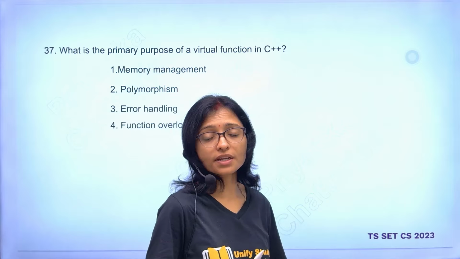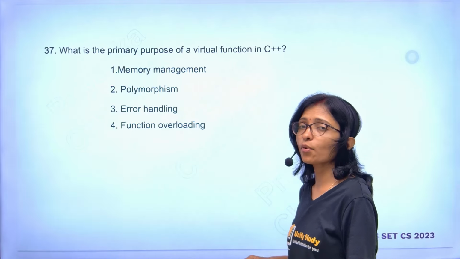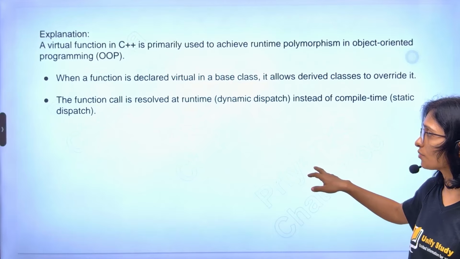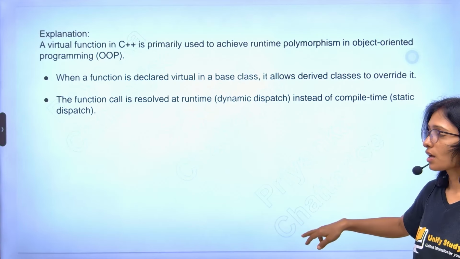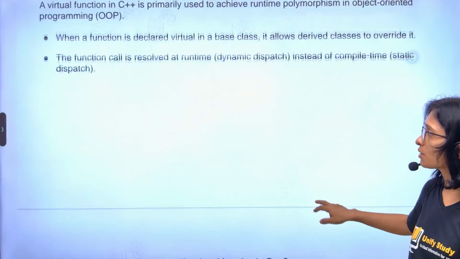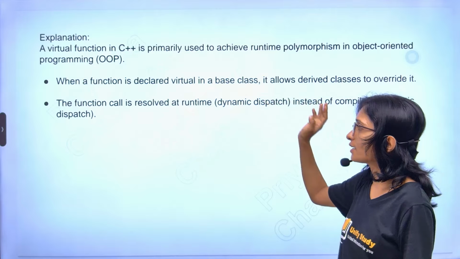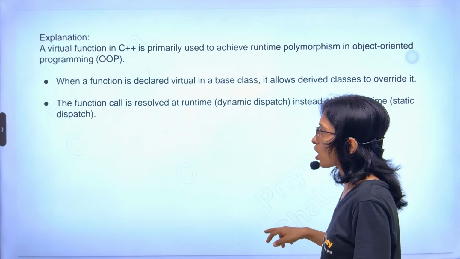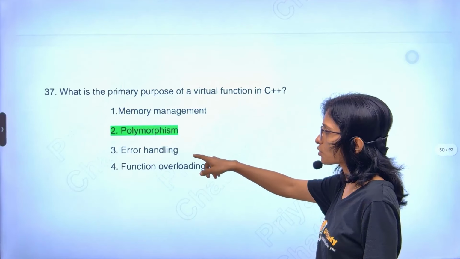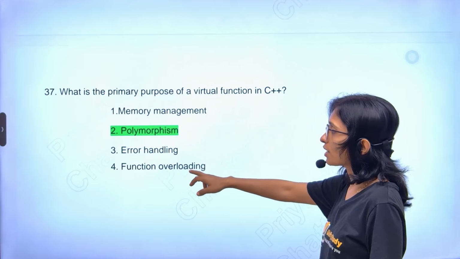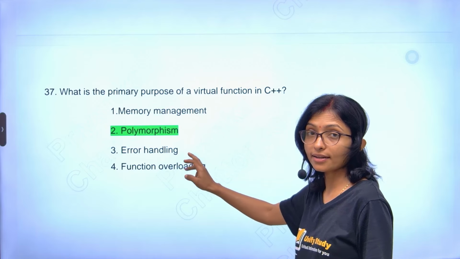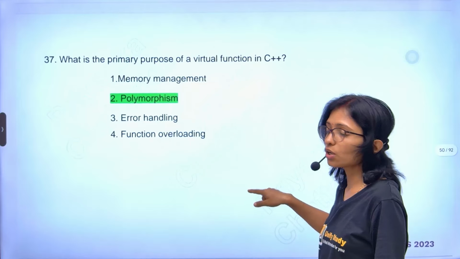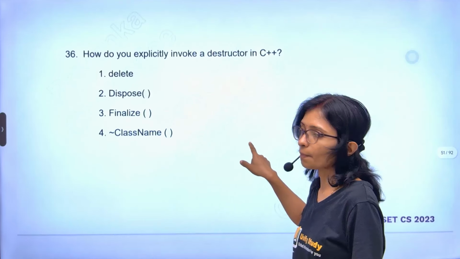Yesterday only I explained, and we also did runtime polymorphism and abstract classes, how we are doing it. So the main purpose of a virtual function is runtime polymorphism only. Using a virtual function we can create it in the base class and it can be overridden by the derived class. That was the concept. So why are you choosing memory management, error handling? Function overloading? No, it is overriding, not overloading. Overriding and overloading are not the same. Do this.